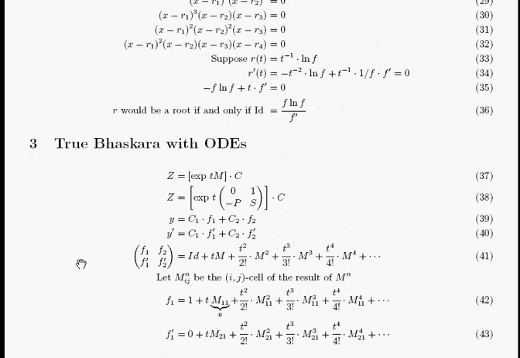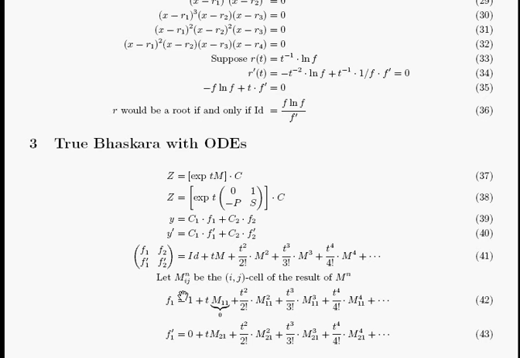What is true Bhaskara? When we exponentiate this matrix, we get f1, f2, f1 line, f2 line, where this is the exponential of tM. Identity plus tM plus t squared over 2 M squared plus t cubed over 6 M cubed, etc. This is the Taylor series of the exponential of tM.